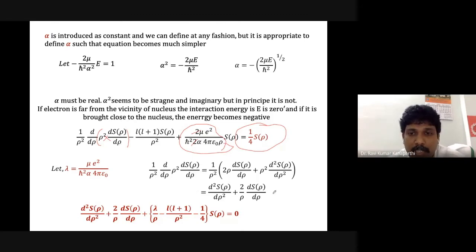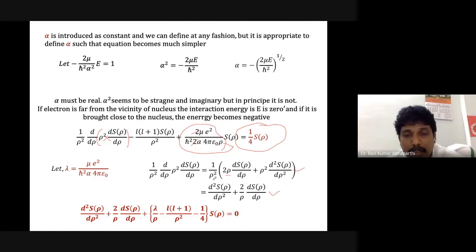That is what is done here. So 1 over rho square stays as such, but there is a derivative d upon d rho. When you do that, the derivative of the first one, 2 rho, is multiplied by the second function, plus the first function multiplied by the derivative of the second function.